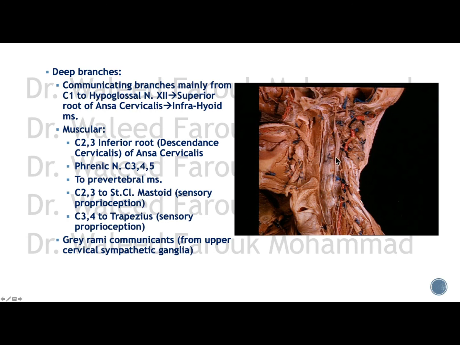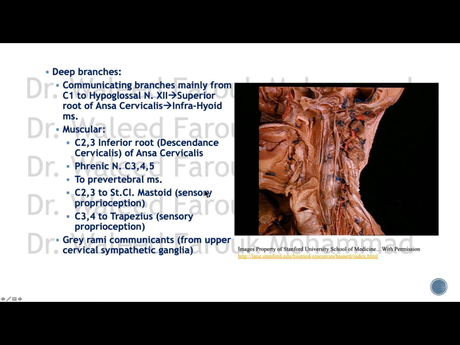See those tiny branches? These are the gray rami communicantes coming out of the superior cervical sympathetic ganglia. There it is. Very well, nicely dissected in this area.